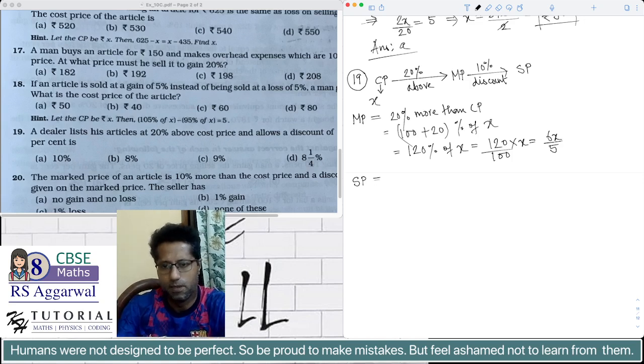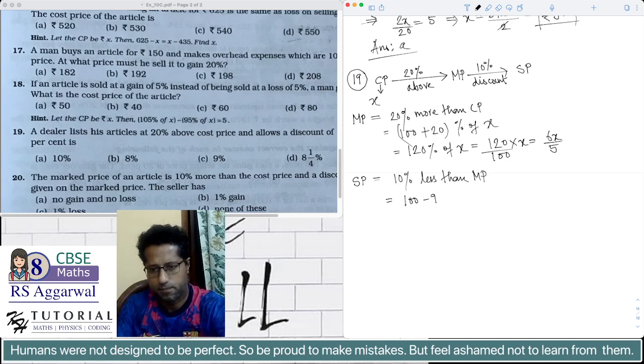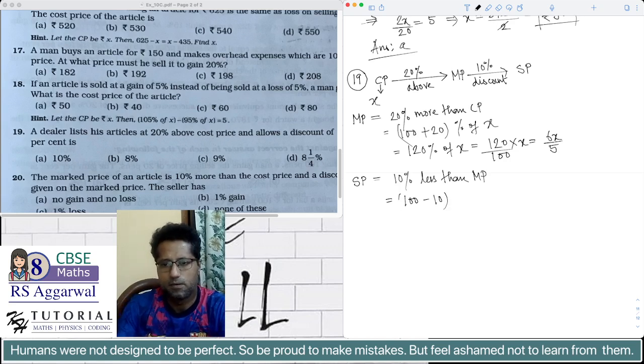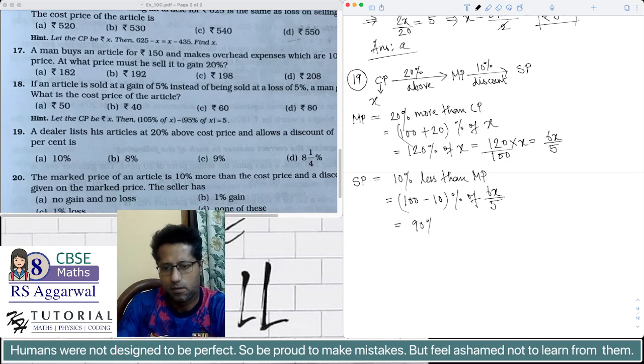The selling price will be 10% less than the mark price, which means 100 minus 10, that is 90% of the mark price 6X by 5, which is equal to 90 by 100 multiplied by 6X by 5.